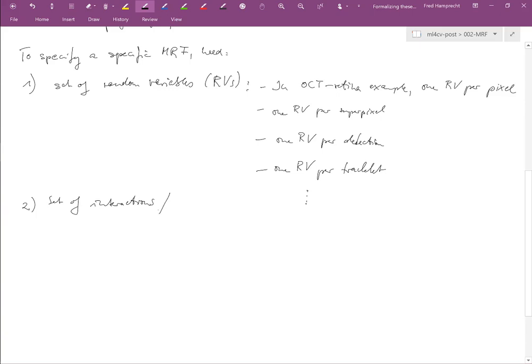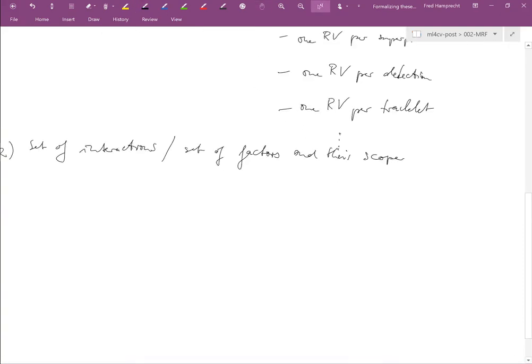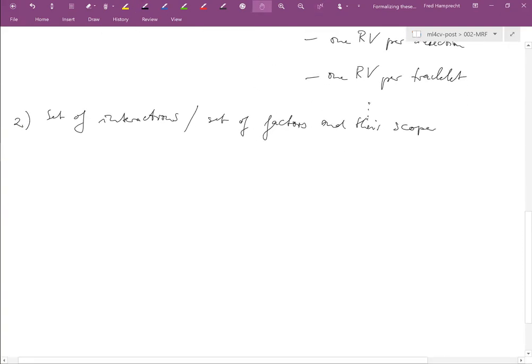These interactions we can specify by saying what factors we want to use. I'll explain in a minute what factors are, and their scope. So this is about which random variable sees which of its neighbors, essentially.